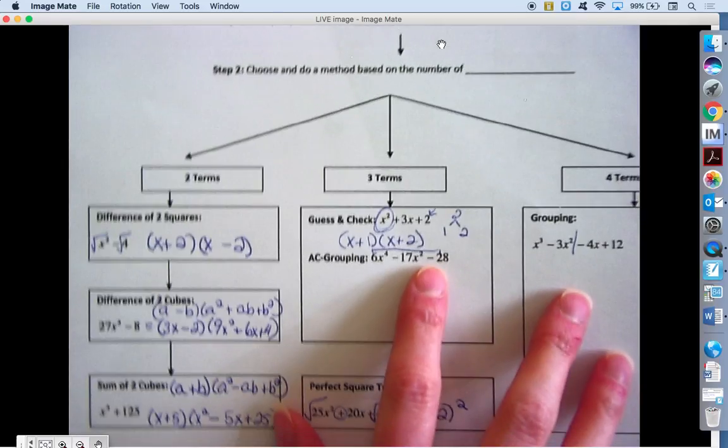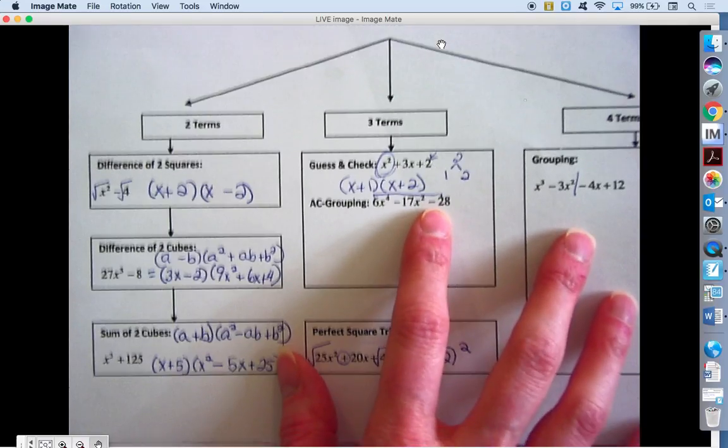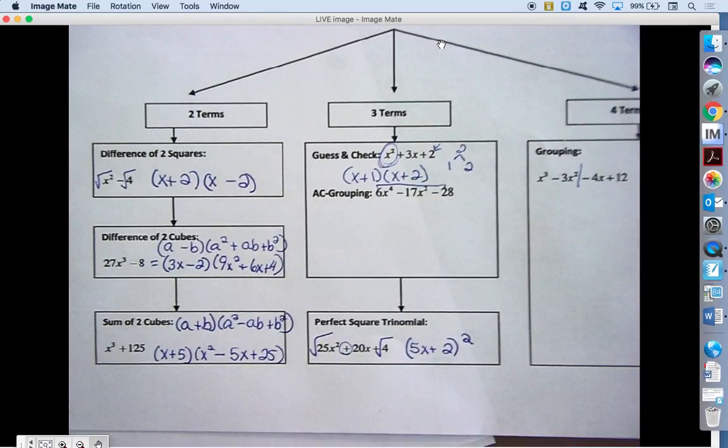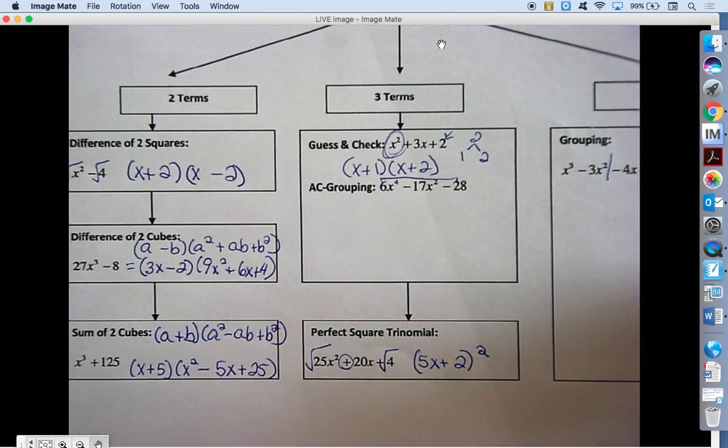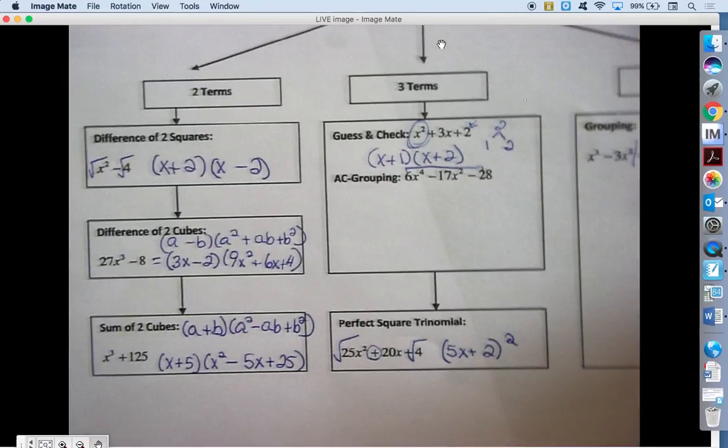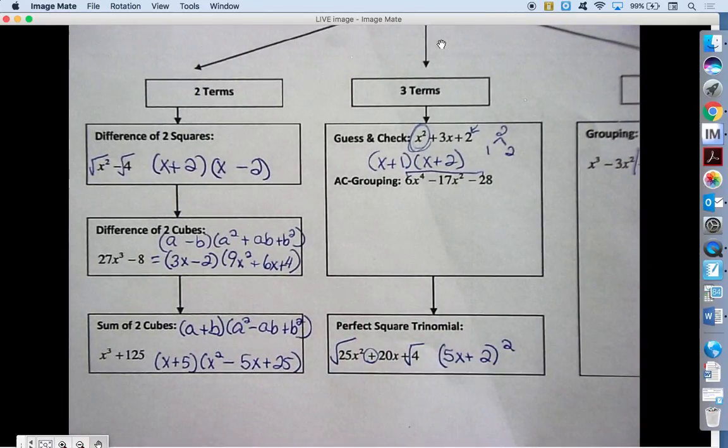I think the 2 terms part is the part that people are having the most difficulty with, deciding whether it's a difference of 2 squares, a difference of 2 cubes, or a sum of 2 cubes. Everybody seems fine with grouping. There are 4 terms, you group. 3 terms is AC grouping, so it's doing the AC part that we've done a lot of, and then continuing to factor it using grouping.